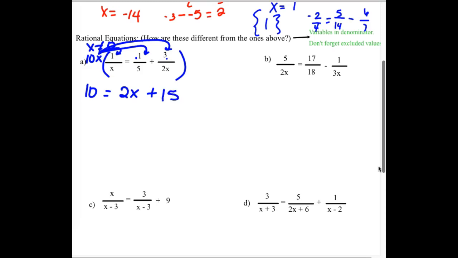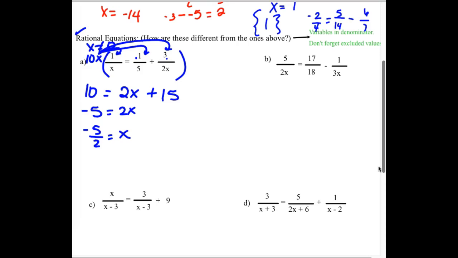All right. Now it's a basic linear equation to solve again. Okay. So it started out as a rational equation where we had fractions with variables in the denominator, and now we've eliminated that. Subtracting our 15 to the left gets me negative 5. Dividing gets me negative 5 halves, or negative 2.5 if you want to put it in that form.